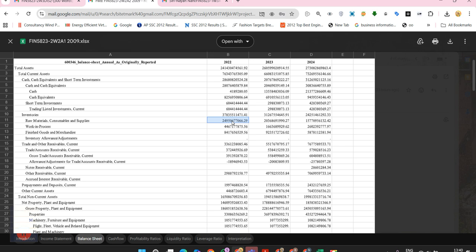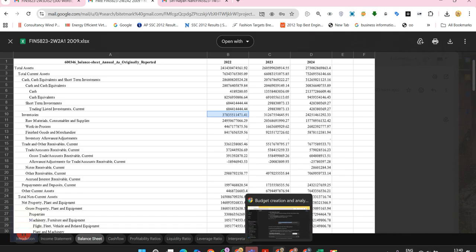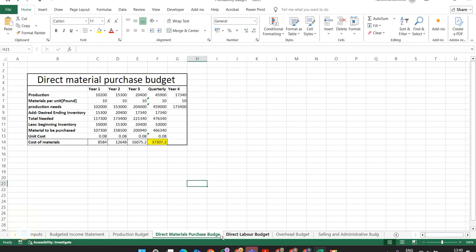If that is difficult, just take raw materials and consumable supplies. This value you need to include in the budget here as the cost of material. Take the two values, work in progress and raw material, and add them up. We don't need all the other values to be present here because they are not required.